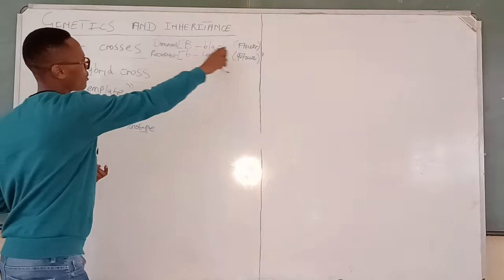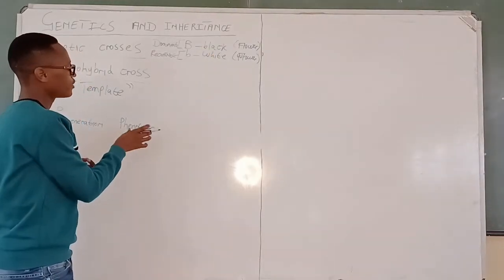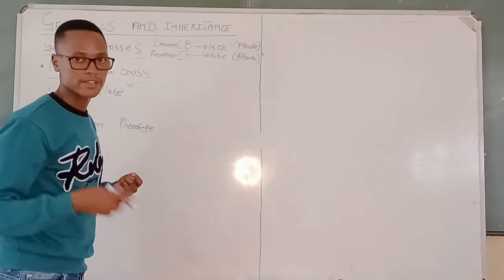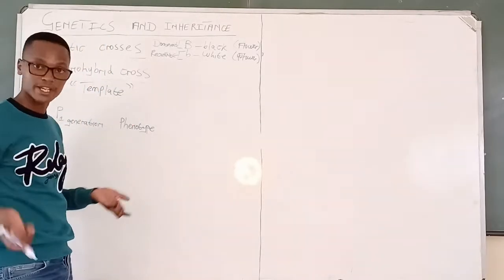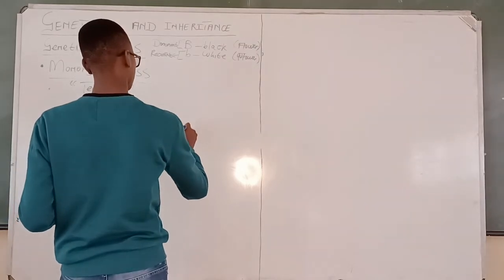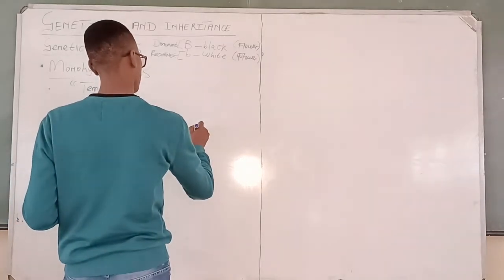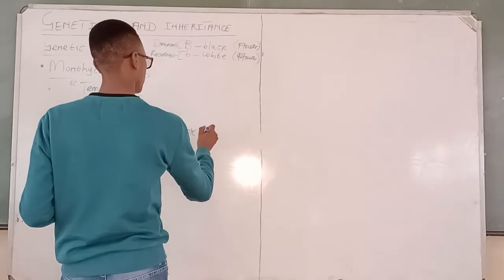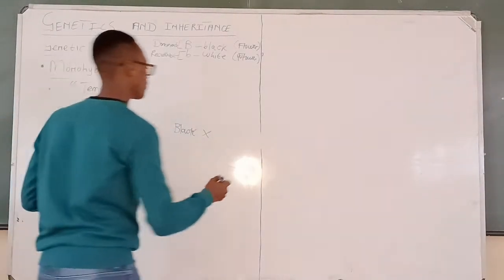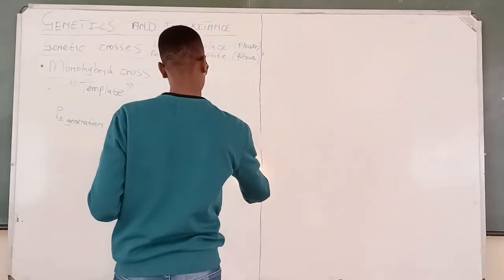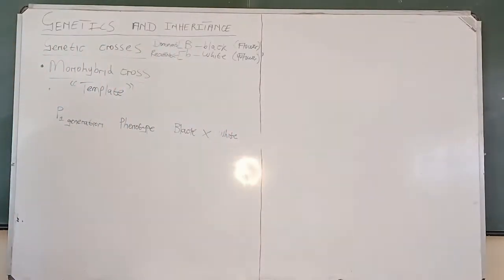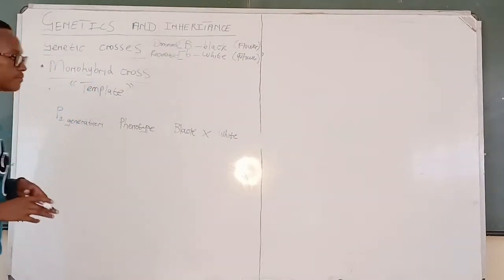For this first flower, the phenotype is what you can see on the outside, the physical appearance of this flower. It's black. A black flower is crossed with a white flower. The phenotype of the other flower is white.